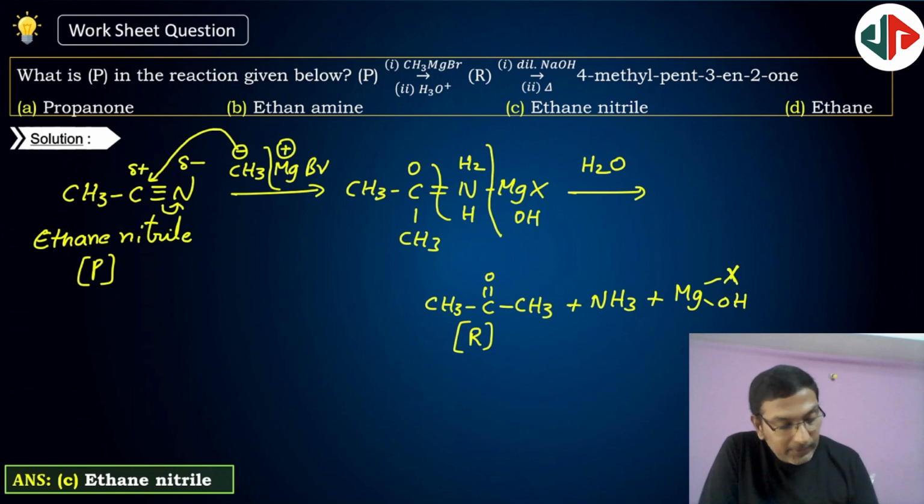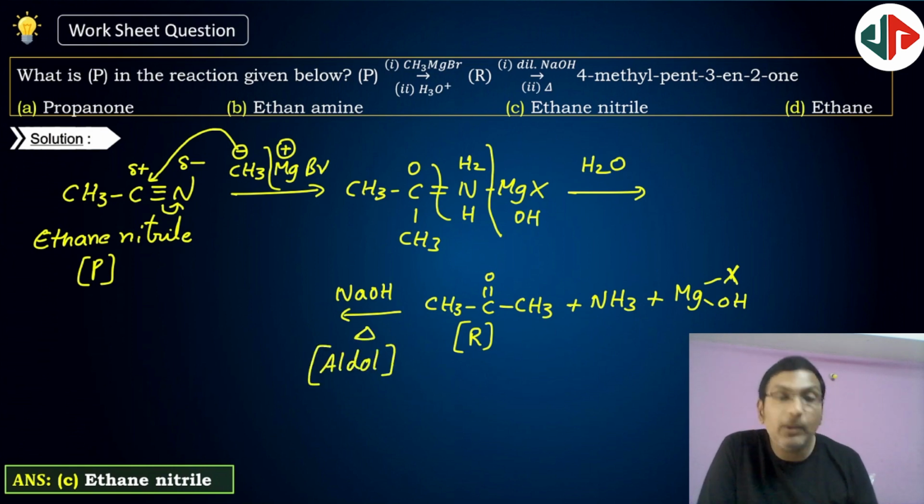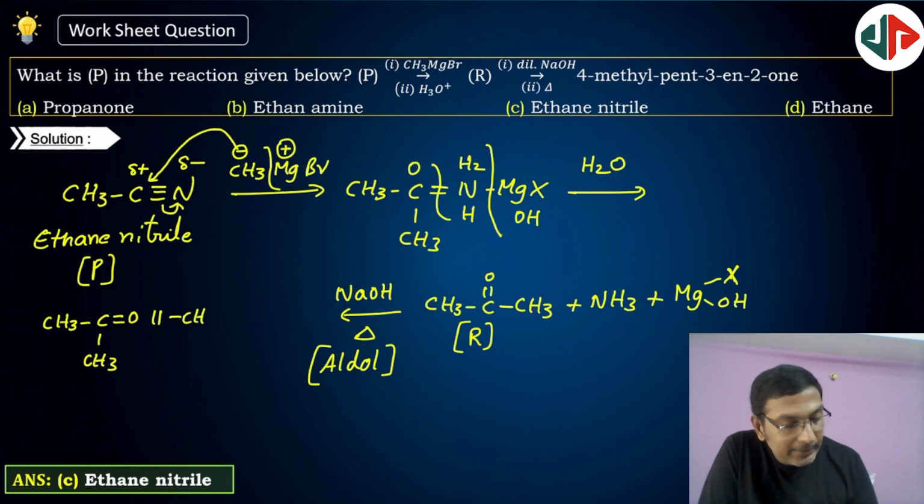Next, which reacts with NaOH and heat, which is aldol condensation. Aldol condensation means you must take 2 moles. 2 moles we can write like this: CH3COCH3, and the second mole can be written like this. Remove 2 alpha hydrogen atoms.